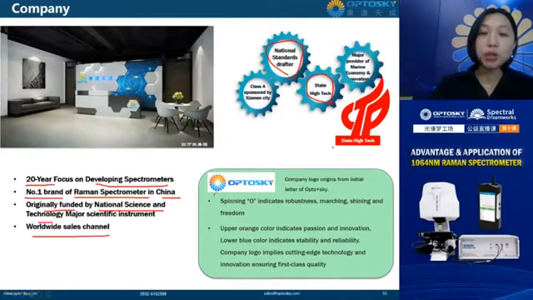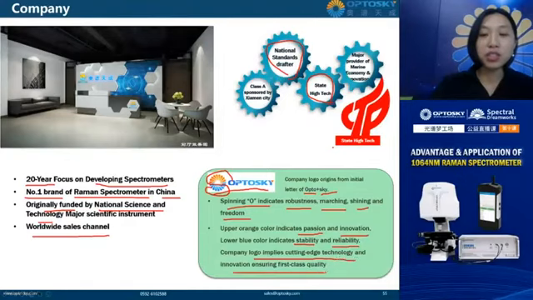And also Opto Sky's logo is composed of Opto and Sky. The spinning O indicates robust, marching, shining, and freedom. And the upper orange indicates we are passionate and innovative. However, the lower blue indicates we are stable and reliable. The company logo implies that we are cutting-edge technologies, ensuring first-class quality.